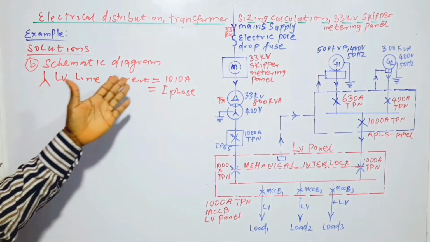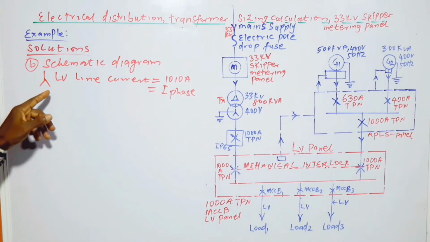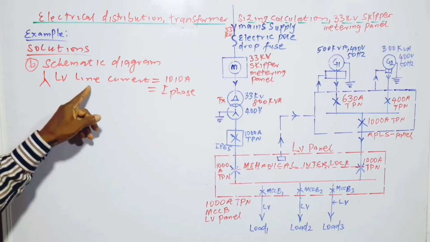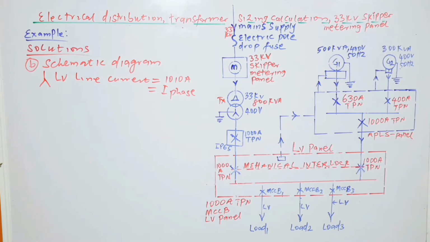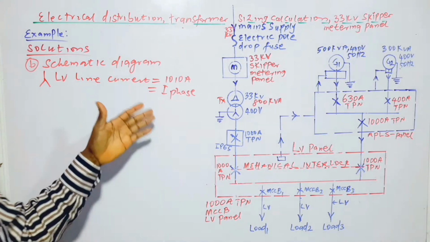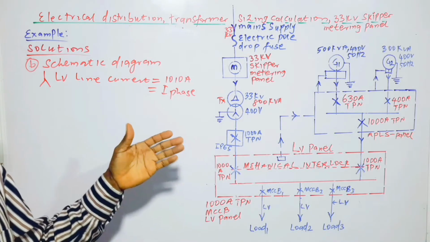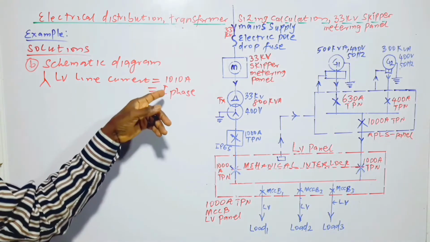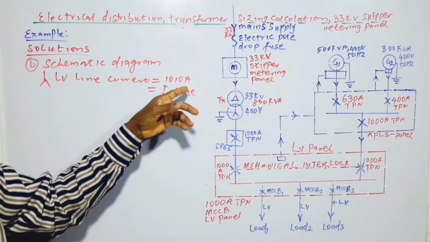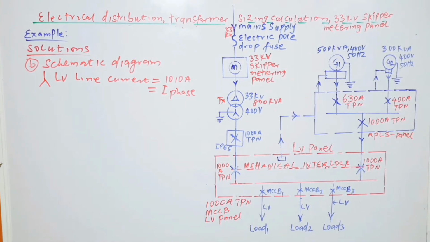The schematic diagram for the system. The star LV line current, which is the same thing as phase current in star. When we have a star connection, the line current is always equal to the phase current, and is equal to 1010 ampere. This is the load current.